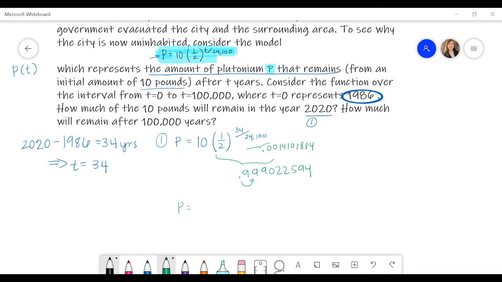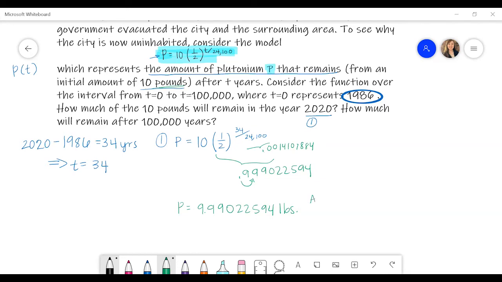So P is equal to 9.990229594. Now the unit on that is pounds, which is really unfortunate because after 34 years, there's still 9.99 pounds remaining, right?